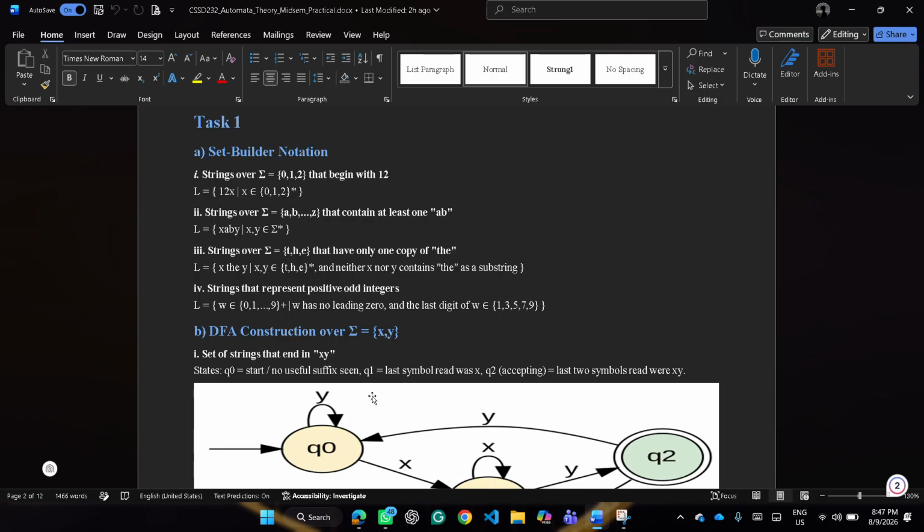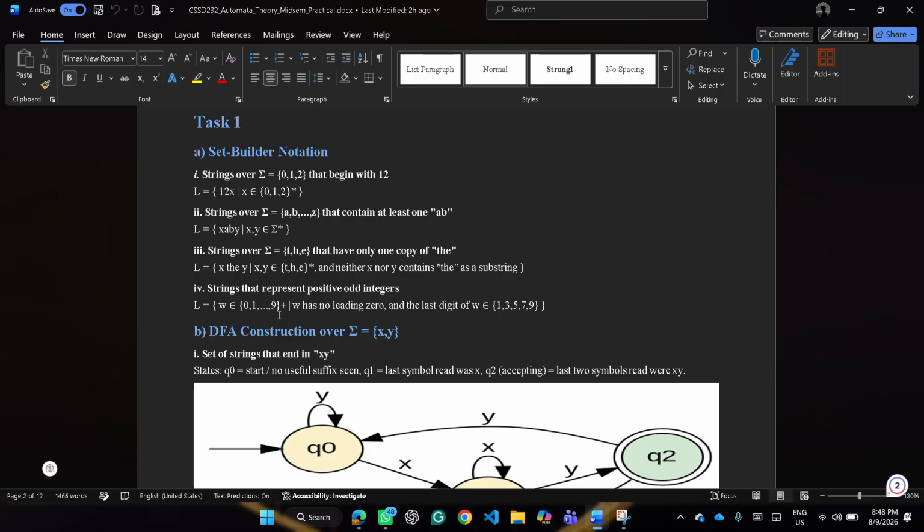That condition is what forces exactly one occurrence, and not two or more.